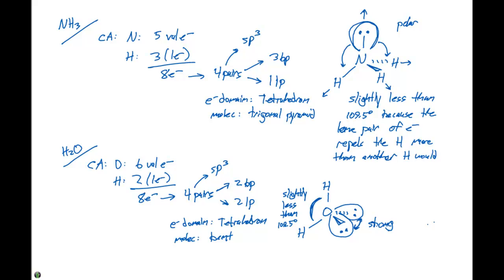So we can look at these and use this VSEPR theory to tell us how these bond angles are going to be influenced by these electron pairs. In this case, since we have both of these electron pairs and we have a bent geometry, our water is going to be polar.